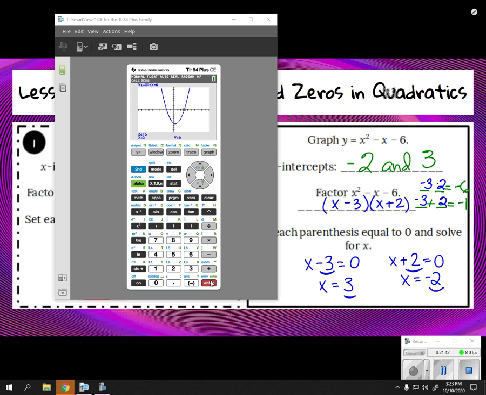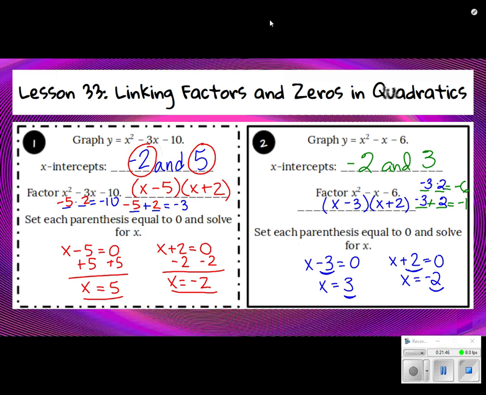If you need to explain yourself, where's your work, you can write that I used the graphing calculator to help me find the zeros. But if it says factor and you chose to use your graphing calculator, that's not going to be correct. I want to see the factoring. But it is a way to help you check, so it is a good tool to have with you.